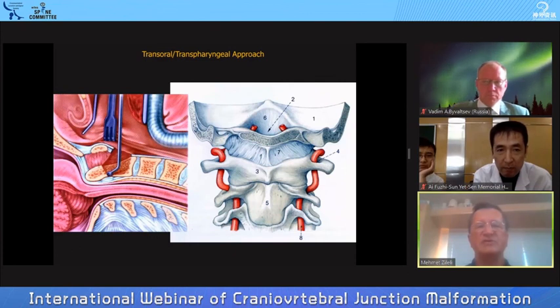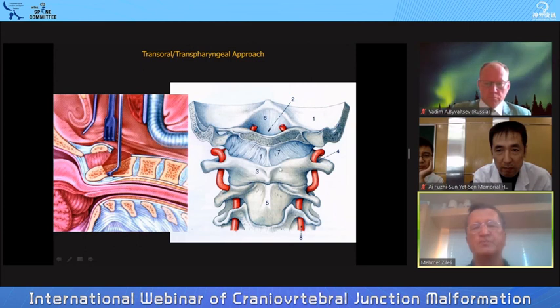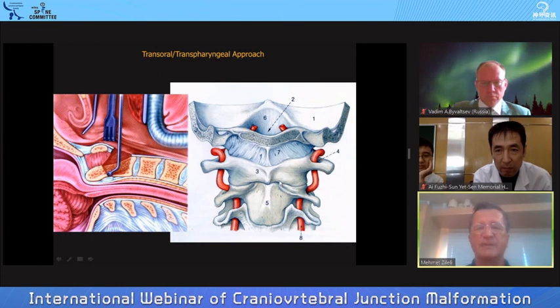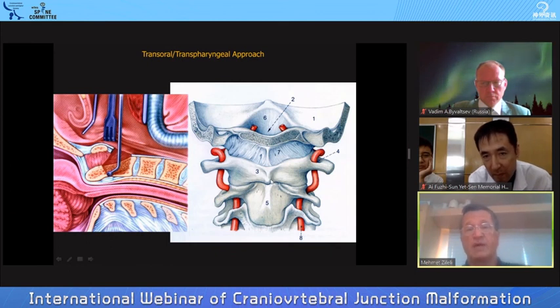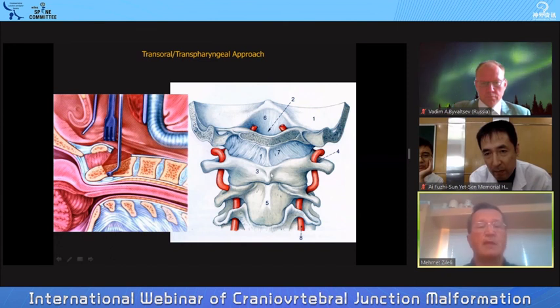The difficulty with that surgery is that at the odontoid process level you are far from the vertebral arteries, so you shouldn't be scared of injuring the arteries. But you can get complications like infection in this region, especially if you injure the dura. You can cause meningitis, and you can have wound problems in the pharyngeal wall.